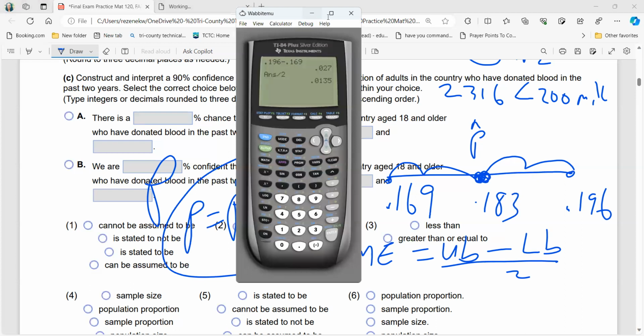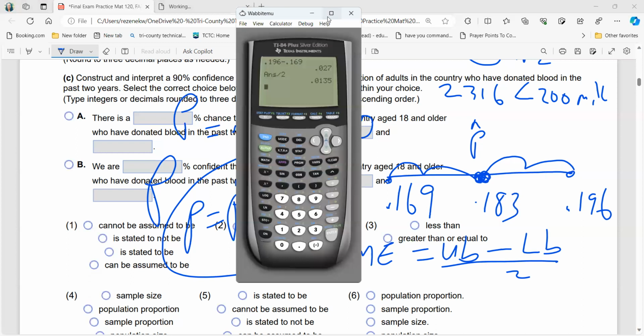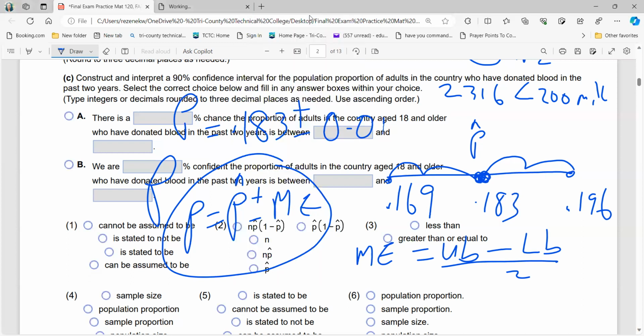Okay, so you could just rewrite it as the estimated population proportion is equal to the sample proportion, or the point estimate, 0.183, plus or minus the margin of error. And the margin of error is 0.014. So you are 90% confident that the population proportion can lie in this range. I hope you know that this and any other way you write it, they are the same.